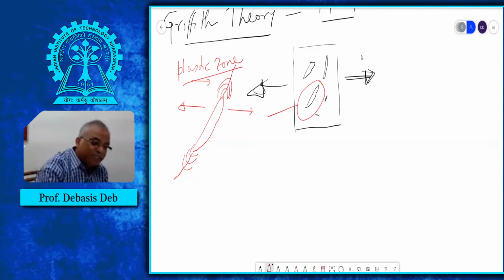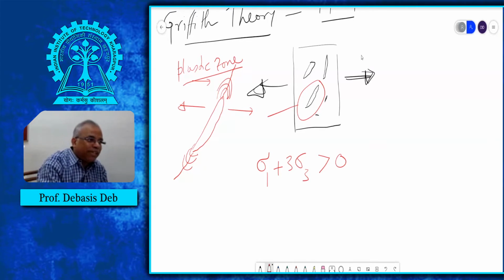We say that, not we, Griffith told, if sigma 1 plus 3 sigma 3 is greater than 0. How it will be greater than 0, how this 3 came and all these things were given in his theory. So I'm not getting into all this stuff.